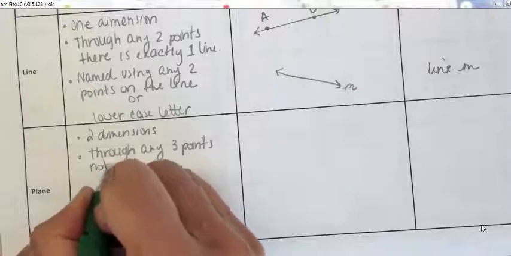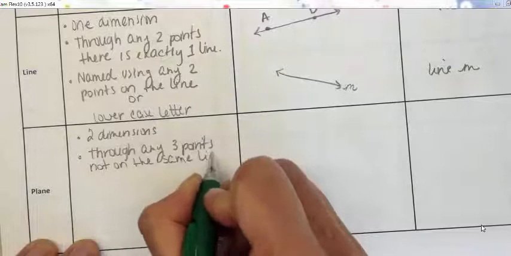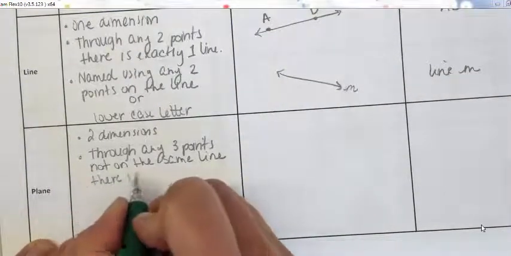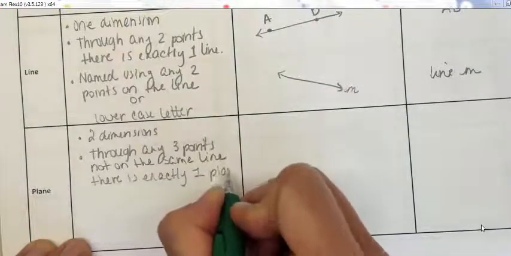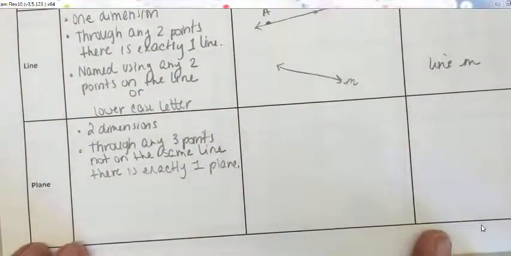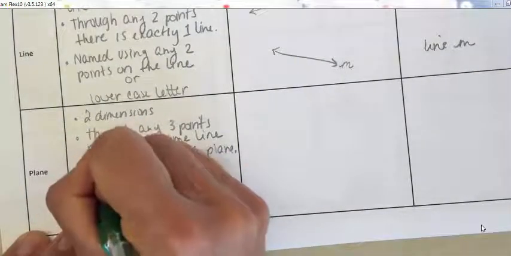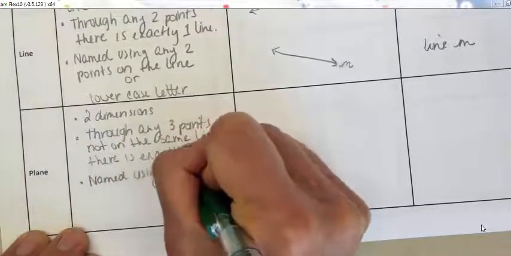So through any 3 points not on the same line, there is exactly one plane. And a plane is named using 3 points not on the same line.